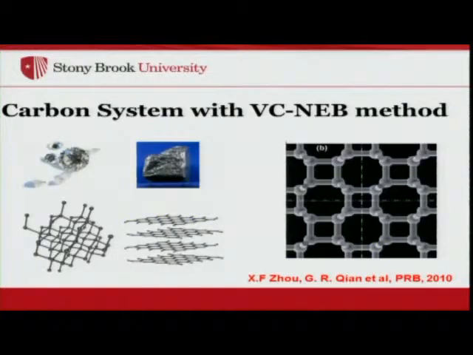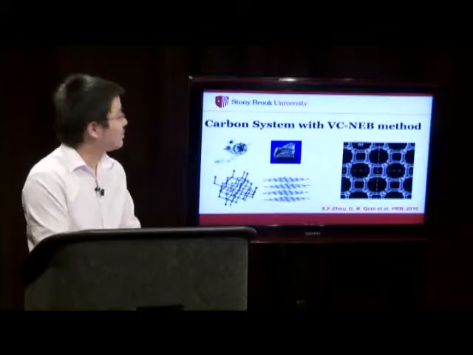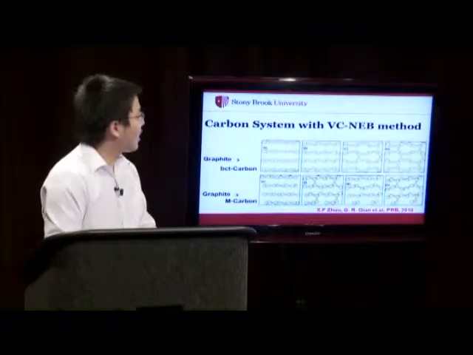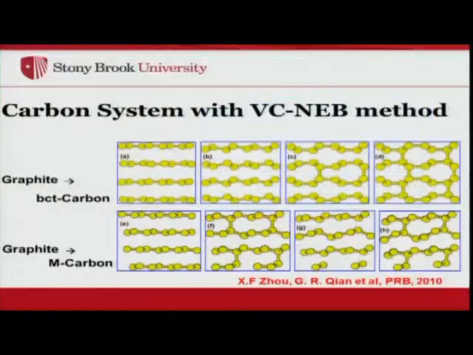And also, the carbon system is a very complicated one. VCNEB can also treat it very easily. We proposed BCT carbon in 2010, and we studied the pathways on it. After the VCNEB calculation, we can find the mechanism of the phase transition.